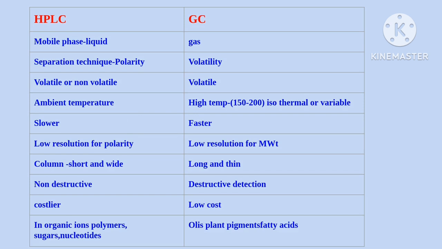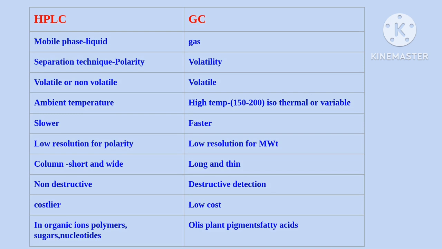Next one, solvent used. The solvent used for HPLC needs to be polar in order to work effectively. Common HPLC solvents are water and methanol. In GC, the only requirement for the solvent is that it must be able to vaporize in order to flow with the carrier gas stream. Next one, detection. The detection method varies quite significantly between HPLC and GC.